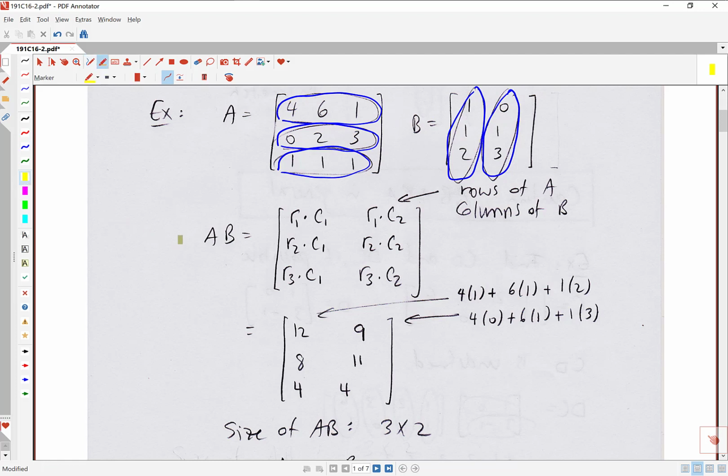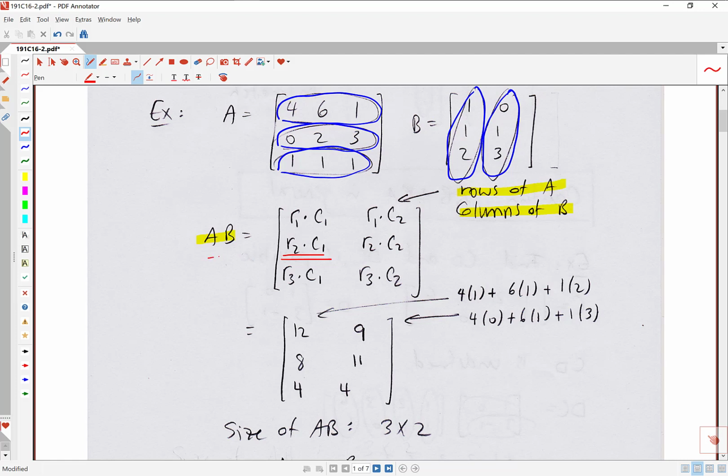Okay, and then let's think about how to build the product A times B. So what you're going to see inside this product is just a bunch of dot products. So when we write things like R1, R2, R3, we're talking about the rows of A. And when we write things like C1 or C2, we're talking about the columns of B. As for specifically which row and column to multiply together, just look at any position in this matrix, let's say this position here, and just figure out which row and column it's in.